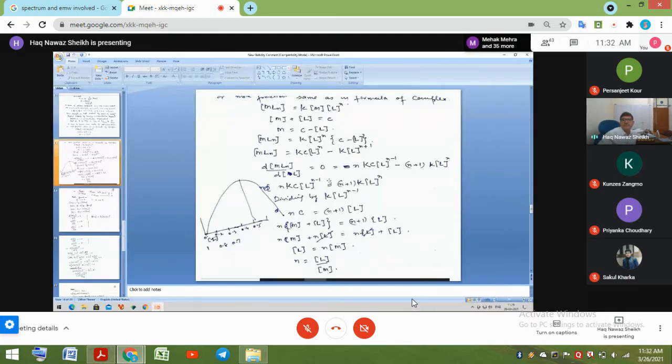Because this whole thing is 0, we can take one part on one side, another part on the other side. So it's n kc L raised to n minus 1, and n plus 1, k, L raised to n. Taking the common things out, because k is common, you can strike out k and k. Similarly, L raised to power n is common, you can strike out that.